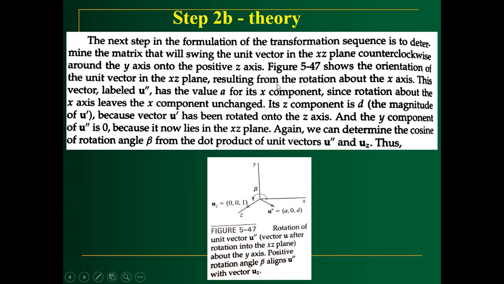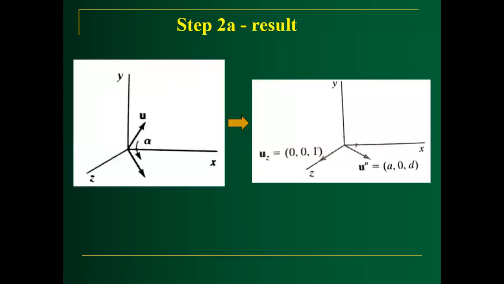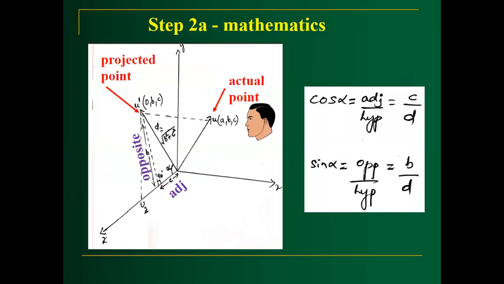You can see the theory here. The z component is d, the magnitude of u dash, because vector u dash has been rotated onto the z axis. The y component is 0 because we are rotating around the y axis. It now lies in the xz plane. You can also see the dot product and cross product of vectors, but I didn't use that here. I used the number to number.